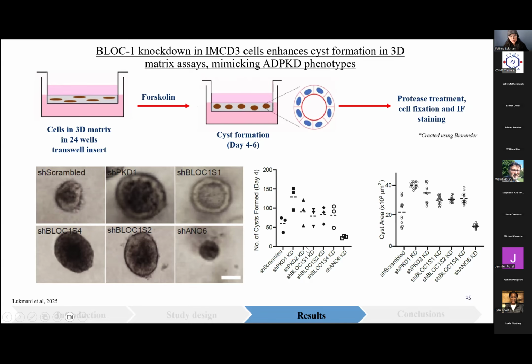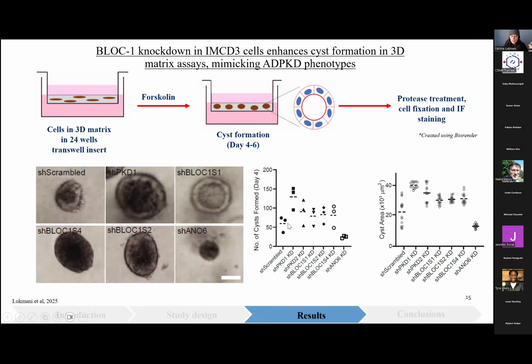And what we found here was that not only the number of cysts were more in all of these four data sets compared to the scramble, which is just the negative control, but also the NO6, which is known that the effect of NO6 upon knockdown results in arresting the growth of the cyst. So this acts as a negative control here.